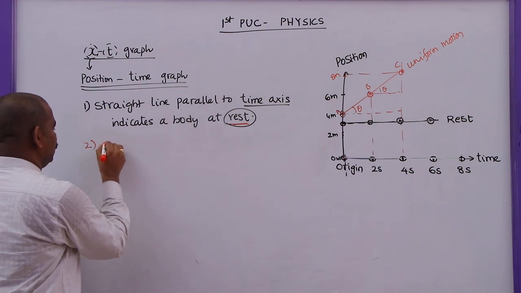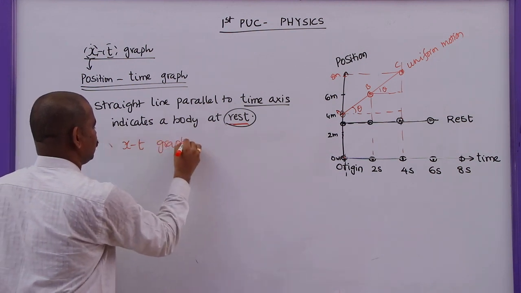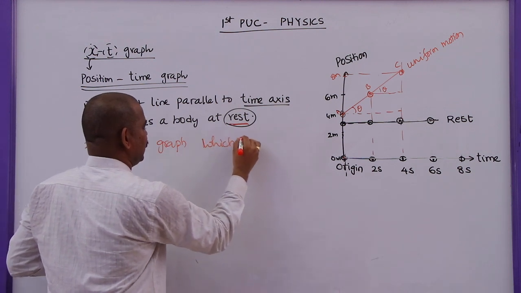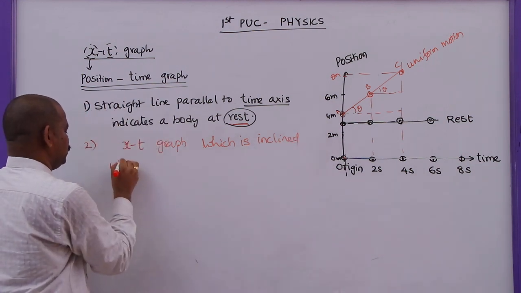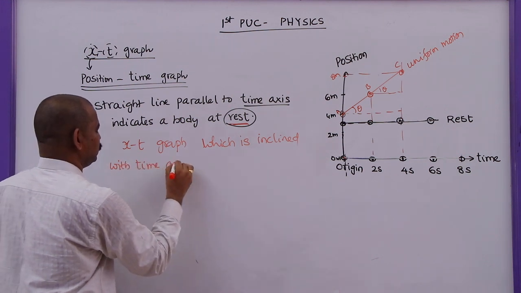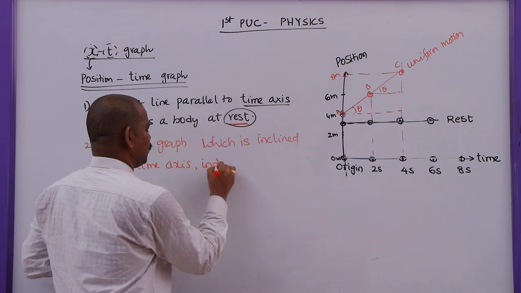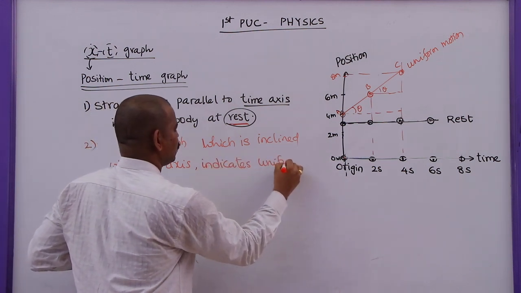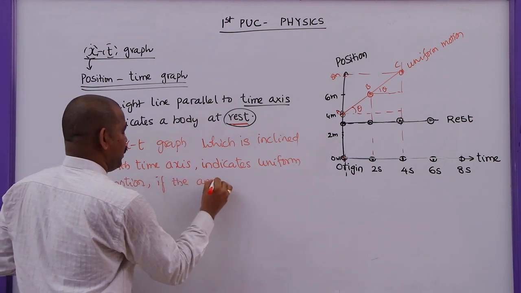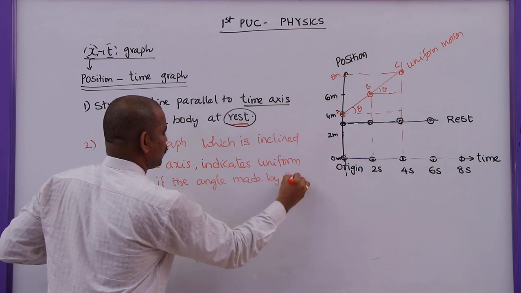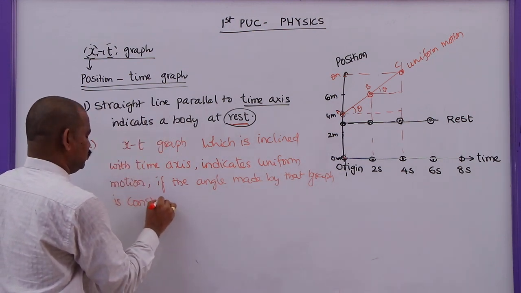So, the second point: a position-time graph, x-t graph, which is inclined with the time axis, indicates uniform motion if the angle made by that graph is constant throughout.